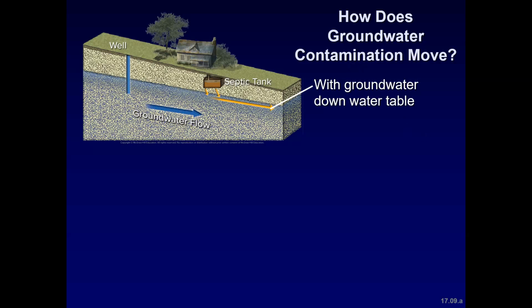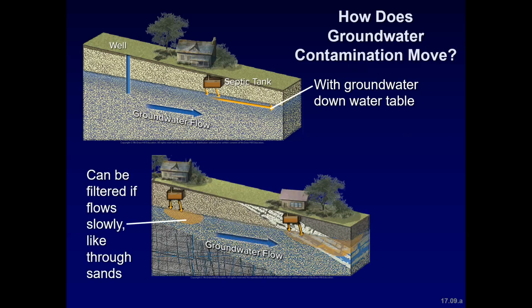Okay, so contamination largely moves with groundwater down the slope of the water table. It can be, say, naturally filtered out with enough time. If you've got groundwater flow that's very slow and in contact with material like sand, sure, that's a nice thought.